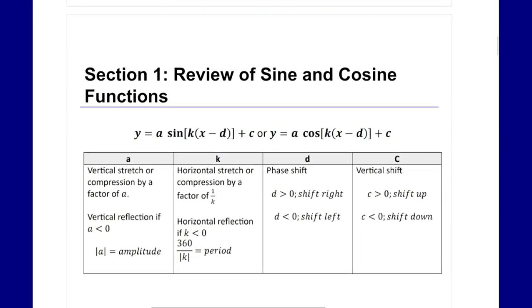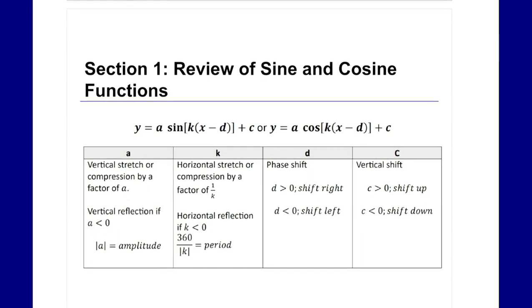So first, let's just review sine and cosine functions. Again, we talked about the general functions and how they look, and we talked about the a, k, d, and c values. Specifically, we talked about the new characteristics that are referenced by these variables.